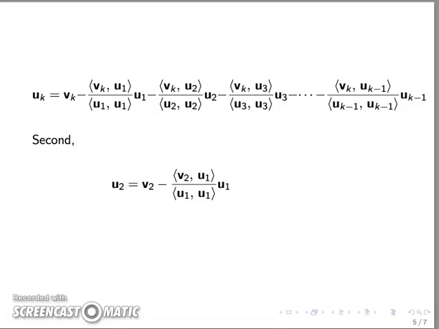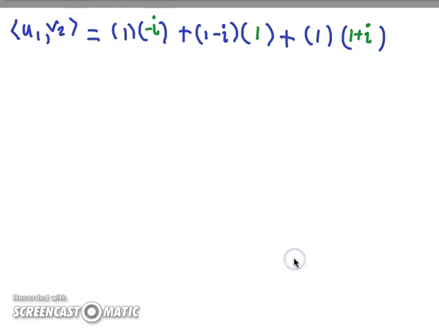Okay, so what we want to start thinking of is this part as some kind of scalar alpha 1, such that this expression looks like v sub 2 minus scalar alpha 1 times u1. So let's talk about this scalar alpha 1. To compute that scalar, we have to compute inner products.